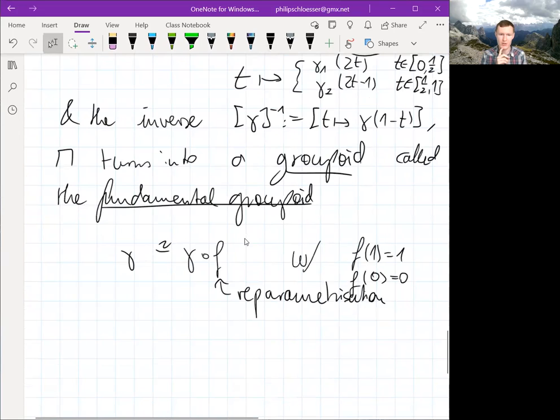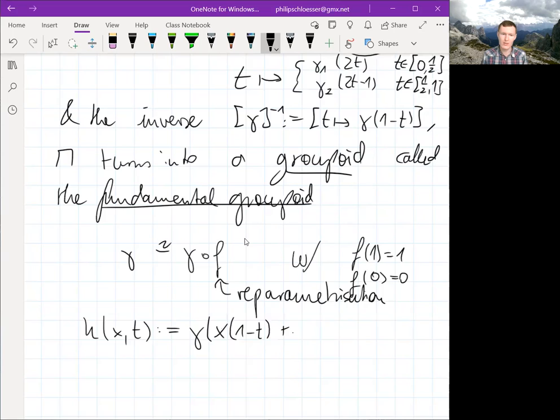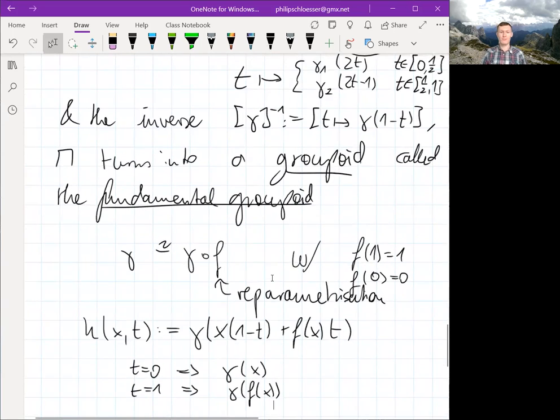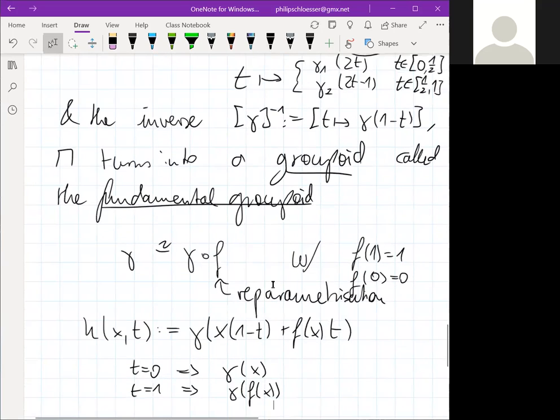Like, you could define h of x and t to be gamma of x times (1 minus t) plus f of x times t. When t is equal to 0, you just have gamma of x, and if t is equal to 1, then you have gamma of f of x. So basically any reparametrization is fine. So it's just the distance that is covered that matters.